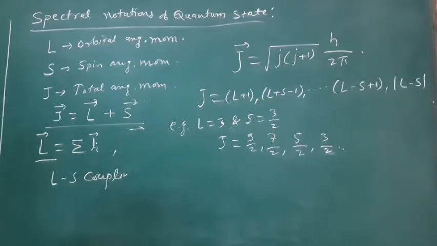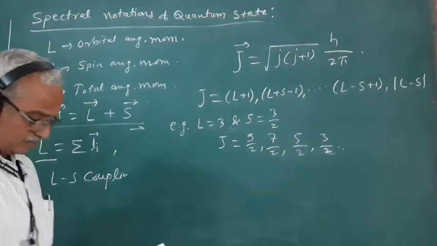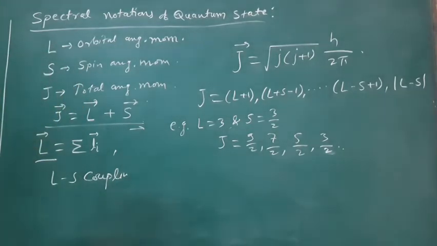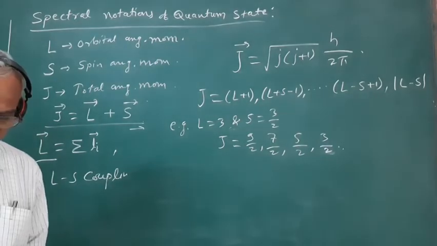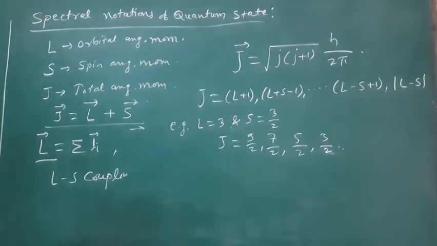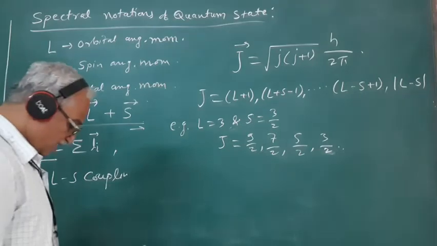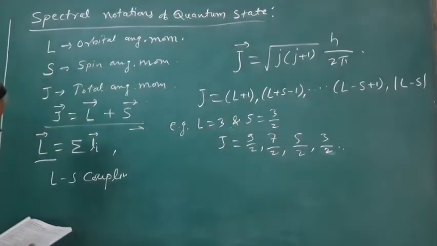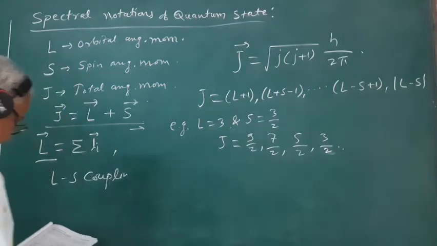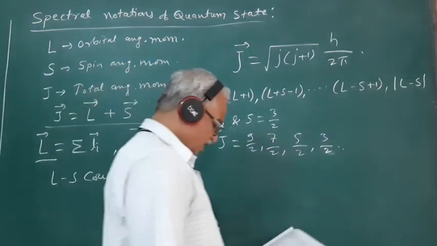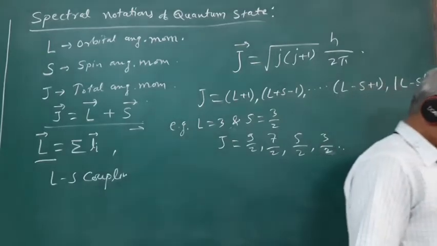So there are 4 values of J bar given by 9 by 2, 7 by 2, 5 by 2 and 3 by 2. So there are twice S plus 1 different values of J bar, and each value of J is going to give a separate atomic state, and this shows that there are twice S plus 1 different energy states for the given atom.